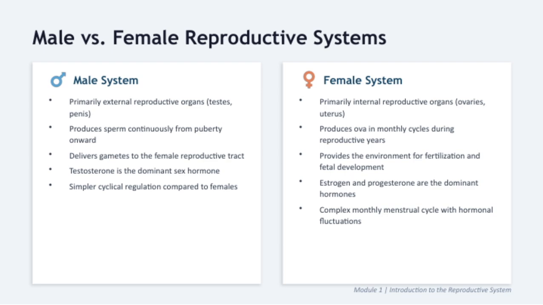Compared to females, the male reproductive system is somewhat simpler in terms of regulation, with a more straightforward, cyclical process. This distinction between the two systems highlights how each is uniquely adapted to their reproductive roles. Overall, these differences are fundamental to understanding human reproduction and how each system contributes to the continuity of life.